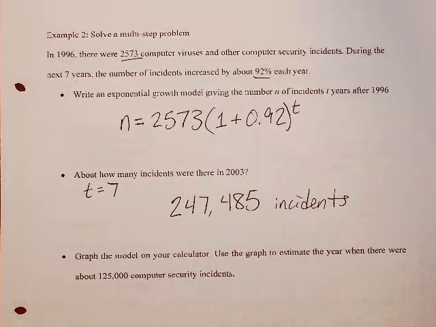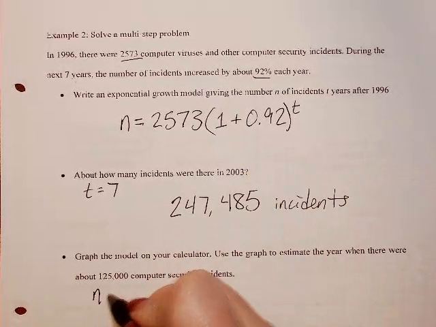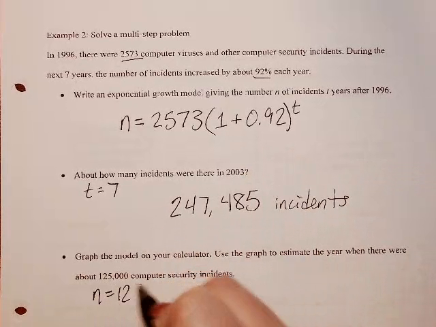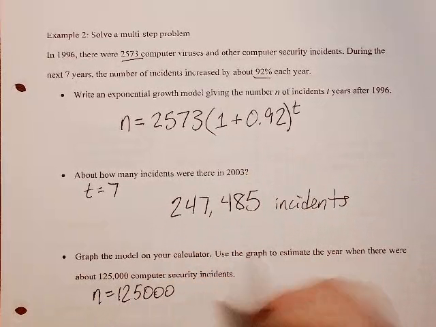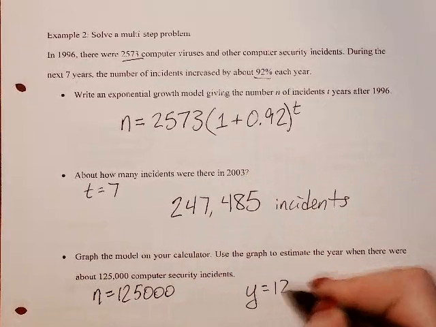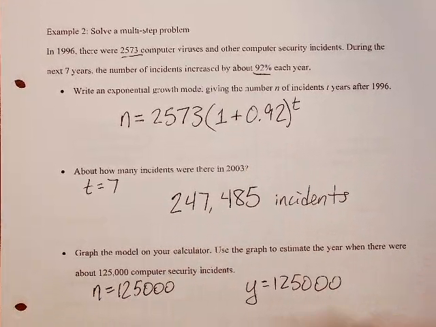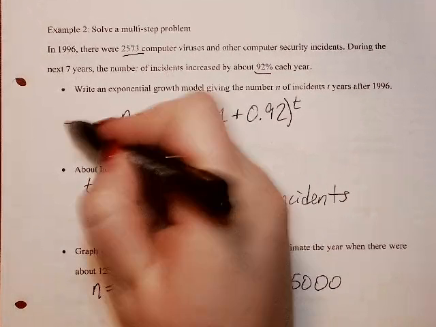Graph the model on your calculator. Use the graph to estimate the year when there were about 125,000 computer security incidents. So now we're looking for where n equals 125,000, or y equals 125,000. So we're going to type our equation from this part up here into y equals.